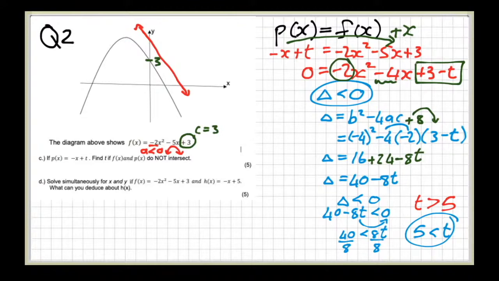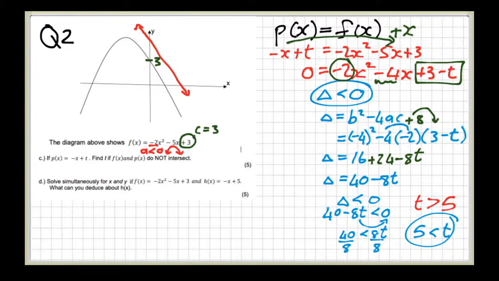They will never intersect each other. Smaller than 5? Smaller or equal to 5, actually, let me correct myself, there will be solutions. 1, maybe 2. I'm not going to worry much about that now because I've answered the question. Because the question was, find t.